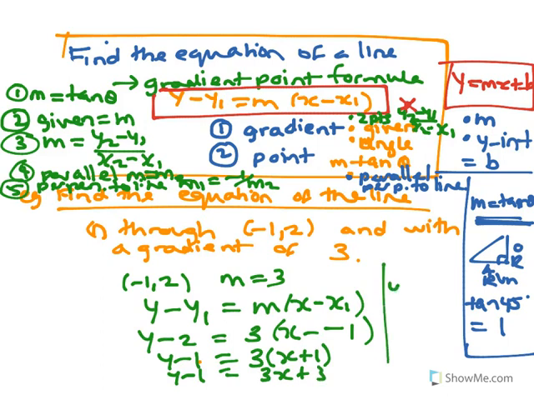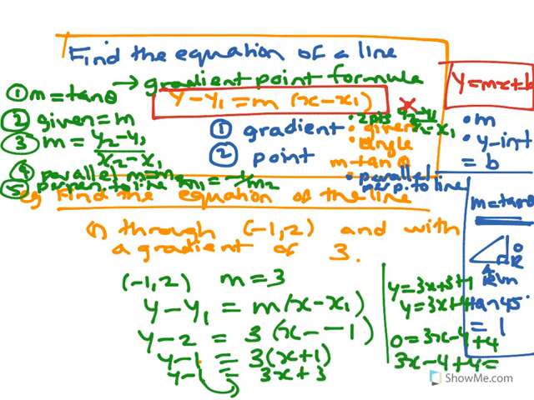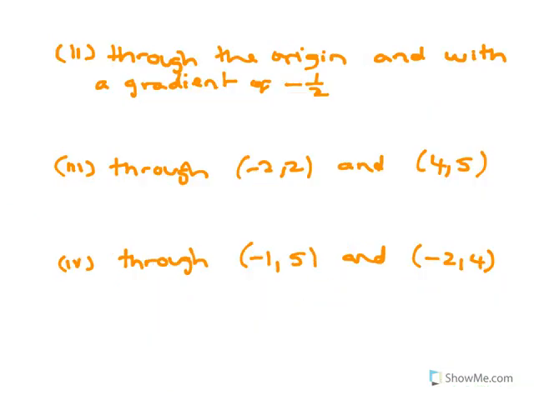So you could put it into gradient y-intercept form, y is 3x plus 3 plus 2, so y is 3x plus 5. Or you could move it all to the one side. 0 is 3x minus y plus 5. So 3x minus y plus 5 equals 0. That one's in general form.